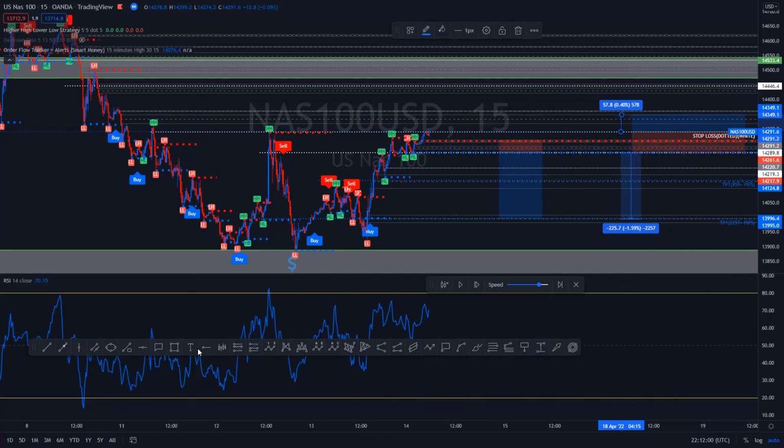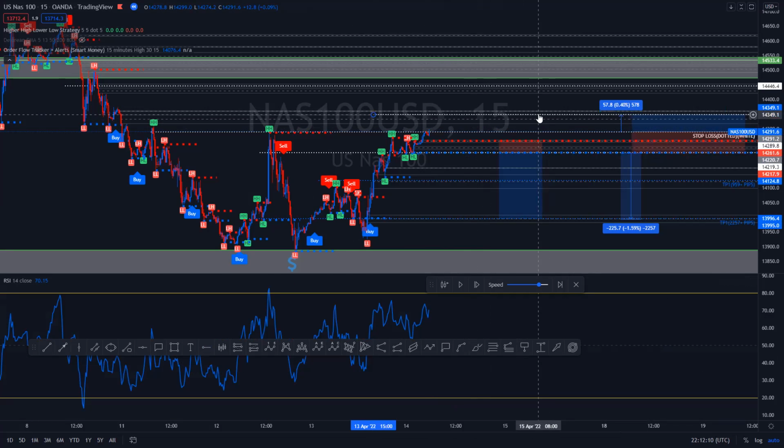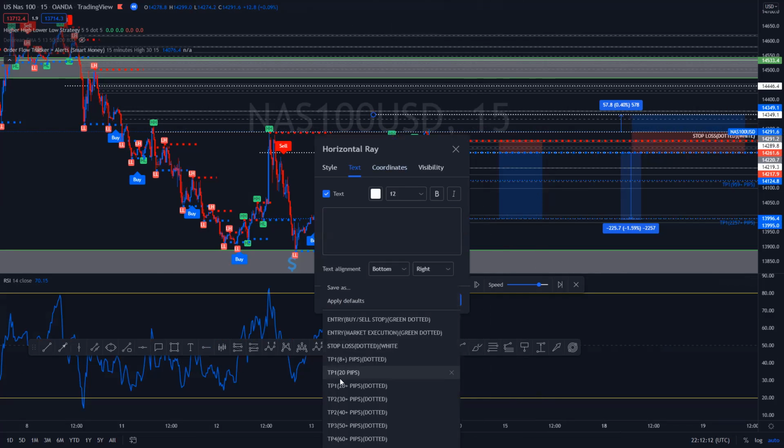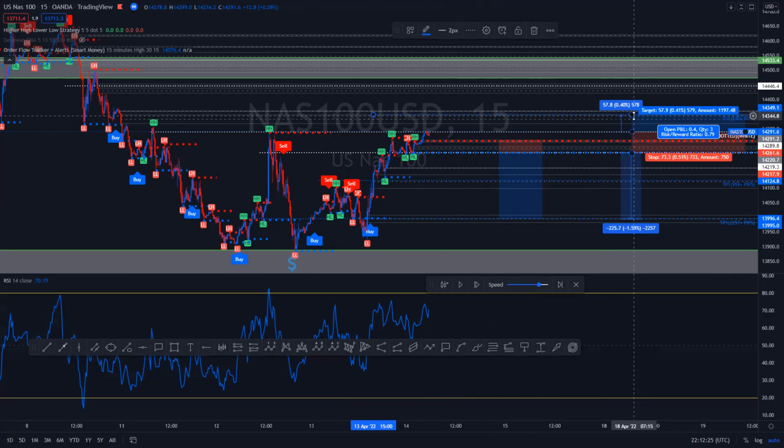And so then put a horizontal line here. That's going to be TP1. Whoops. This is going to be TP1. That's going to be 570 plus pips. All right. And then TP2 is going to be all the way up until this point here.